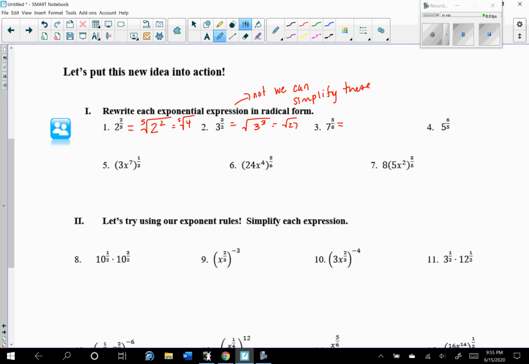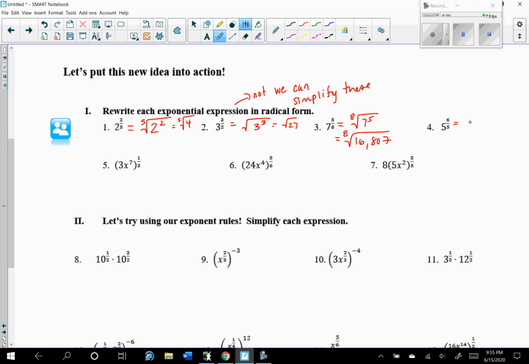So this would be the 8th root of 7 to the power of 5. And again, we know we can simplify 7 to the 5th. It's numerical. So I guess we might as well just go ahead and simplify them since you might have already done that. So this would be the 8th root of 16,807.